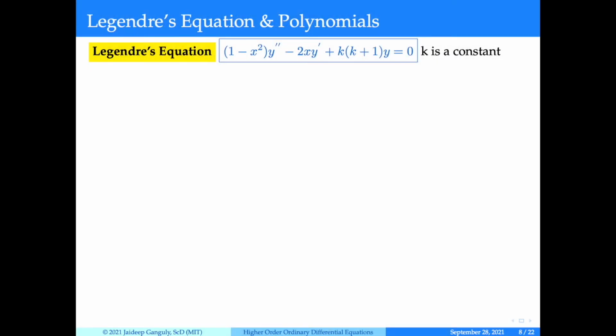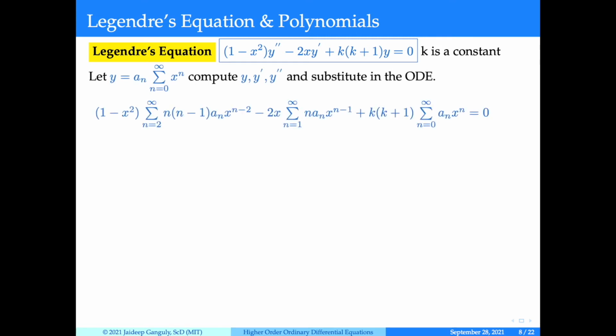We now apply the power series technique to the Legendre equation. Compute the derivatives. Substitute.